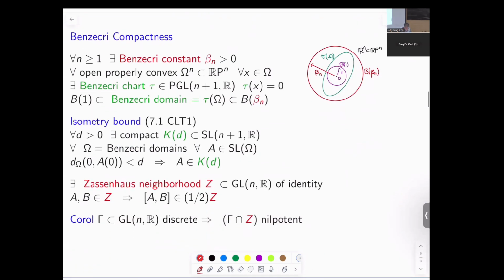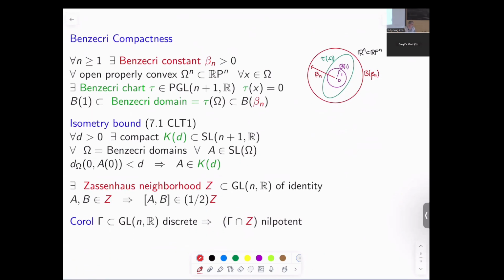Okay. So now I want to talk about deformations. And so the next step: if you have a properly convex closed manifold, sometimes you can deform it.